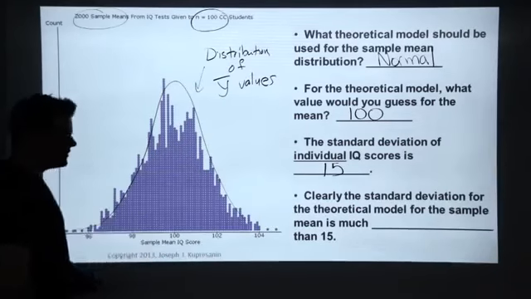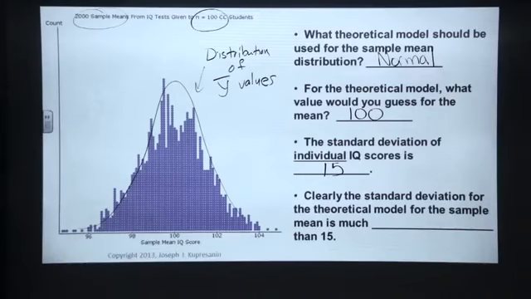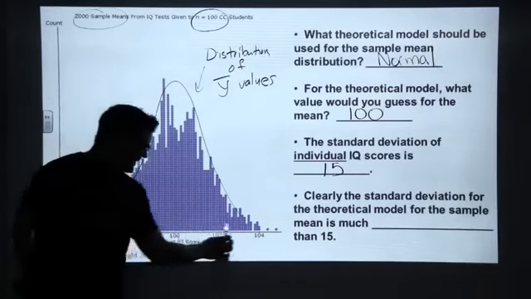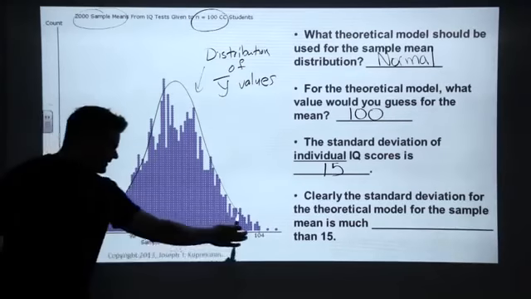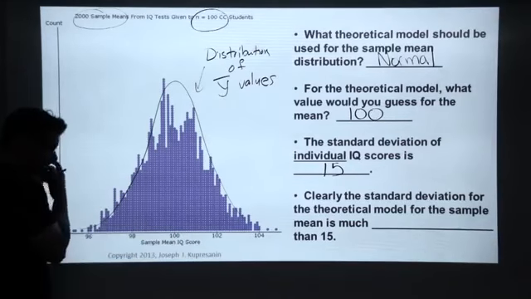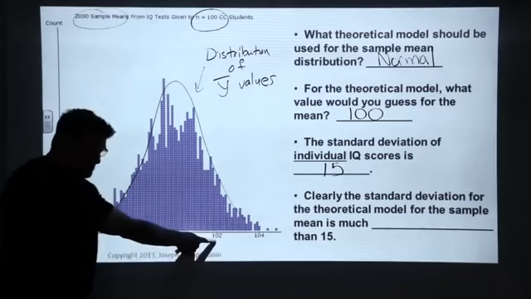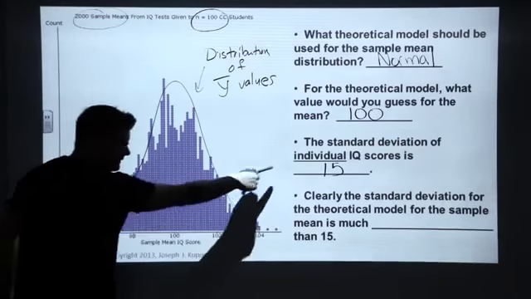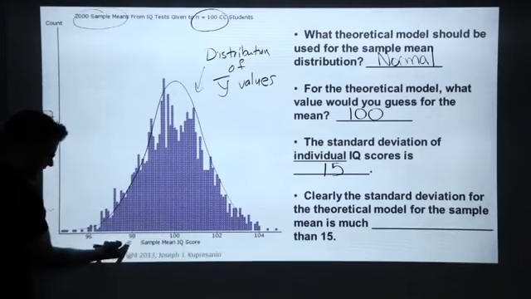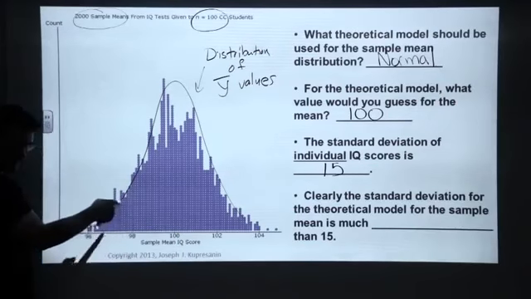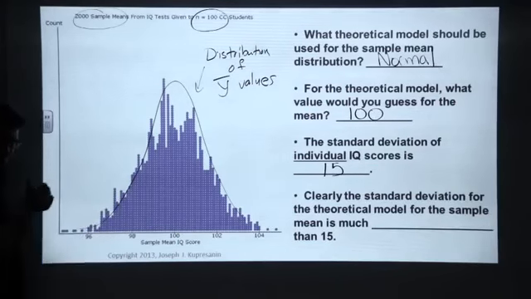Sure looks normal, sure looks like the center is 100, and what's the glaring difference? Does a standard deviation of 15 fit here? Surely it doesn't, because if I went about one standard deviation out, I should be up to 115. If I went one standard deviation down, I should be down to about 85, and for one person at a time, that model would be the right model.